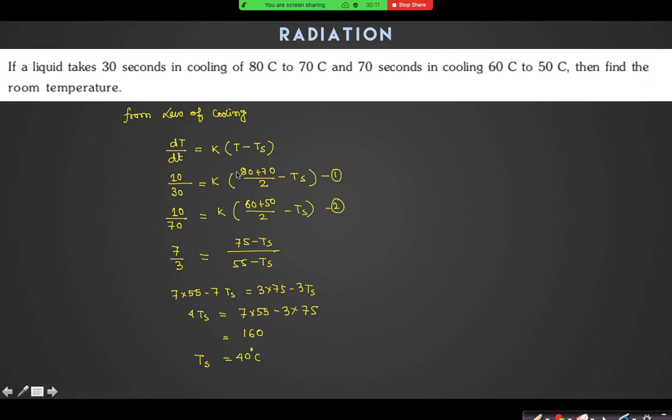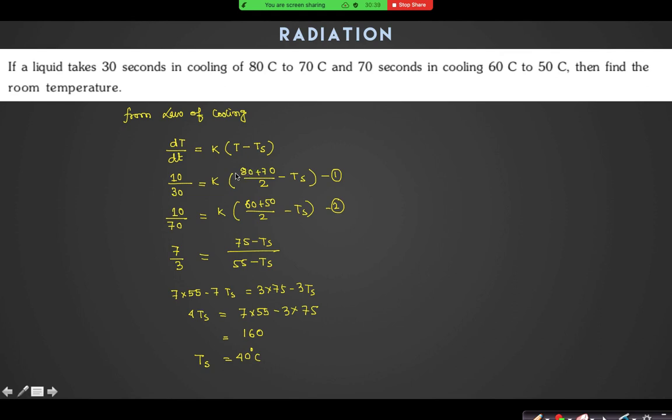Remember that in the actual equation all these should be in Kelvin. I have ignored Kelvin and only taken Celsius. Can you tell me why I have done that? It is not the scale, the difference of the temperatures is the same in Kelvin and degree Celsius. If inside the bracket there were only one term, I would have to take Kelvin, but it is temperature minus temperature.